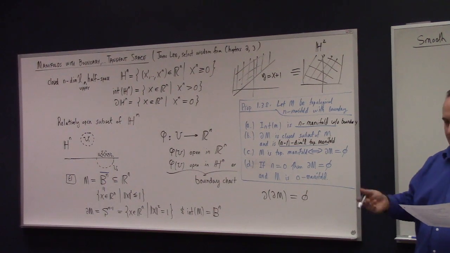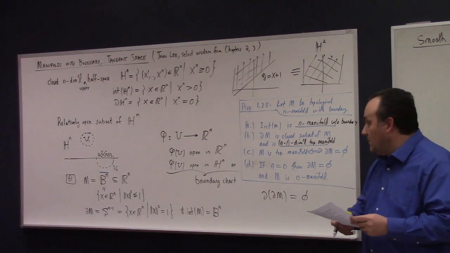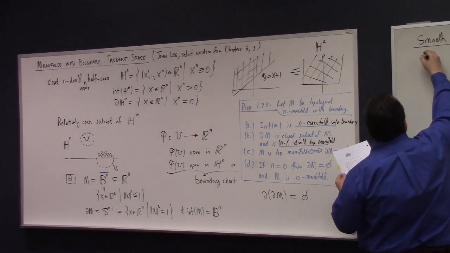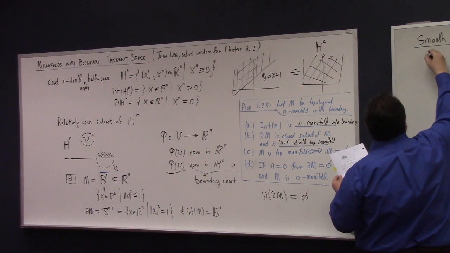All right, so the question is, what's that smoothness? Well, let me show you the example that he gives on page 28. Let me just give you the basic idea.